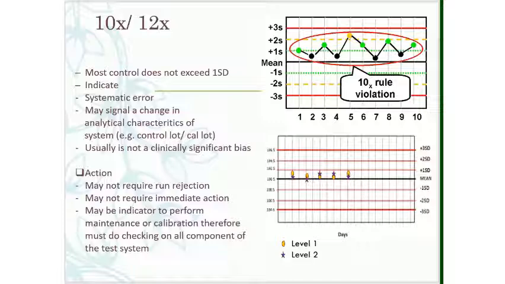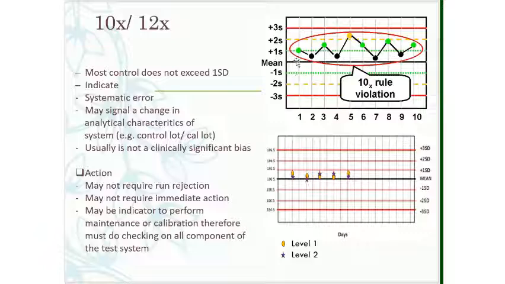Okay, now how about the 10X or 12X rule? Please note that for 3 levels of QC, it uses the 12X rule, while for 2 levels of QC, it uses the 10X rule. It can mean in all runs, all the QCs are on the same side and most of them are not exceeding plus or minus 2 SD.